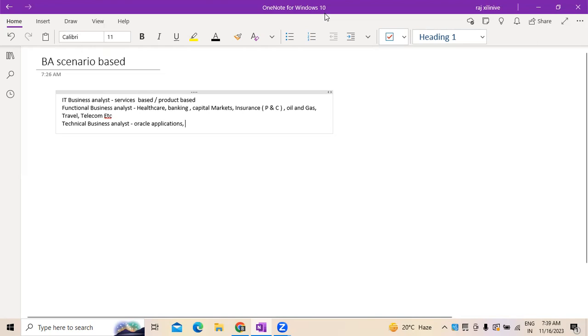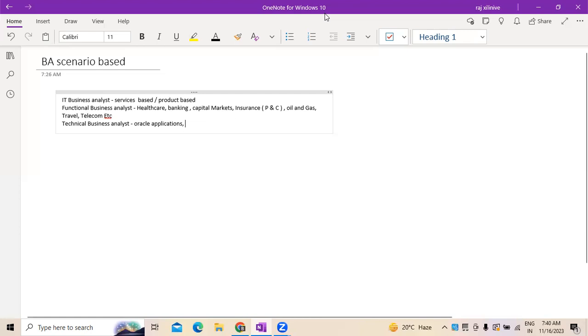So Oracle applications are being used by an organization called X, for example. They want this Oracle application to be upgraded every time or customized whenever needed. So understanding the business rules, government mandates, they require a BA, but that business analyst should have not only core business analyst experience, but that person should have experience over Oracle applications also. This is an example I'm giving.